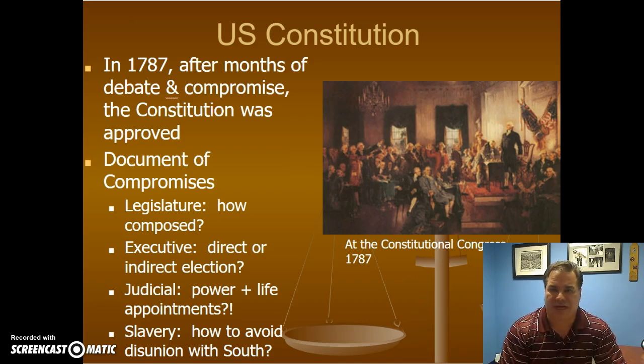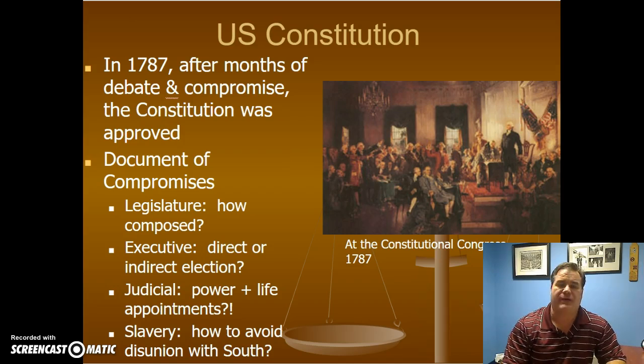The legislative compromise creating a bicameral legislature, the direct or indirect election of the President of the United States. Again, coming out of the Articles of Confederation, you already know that none of the founders were keen on creating a strong executive, at the risk of creating a new king.